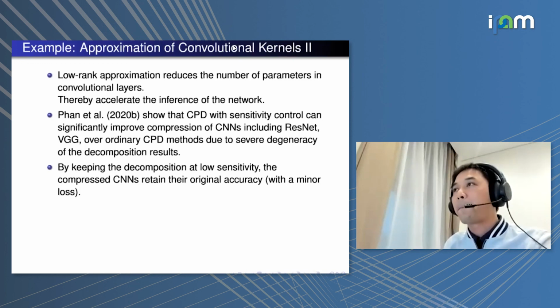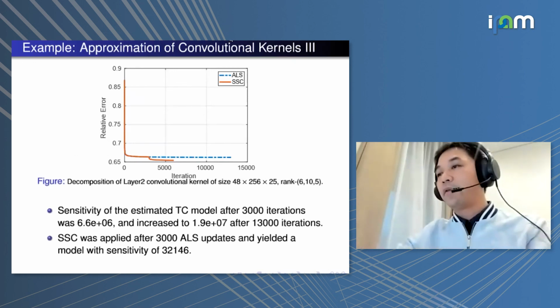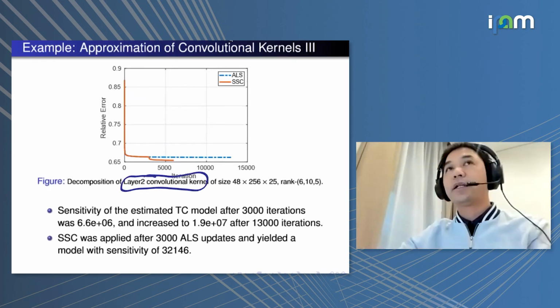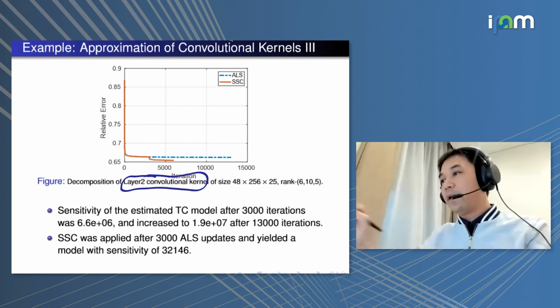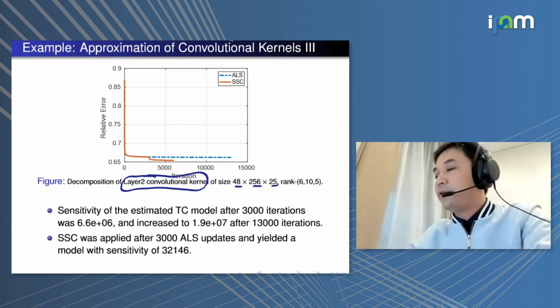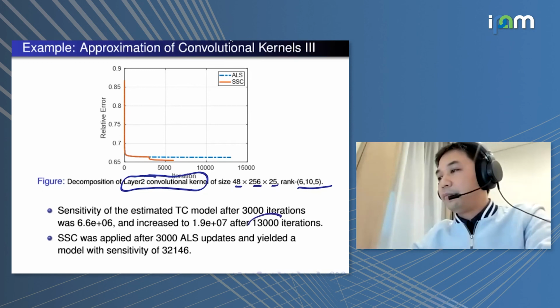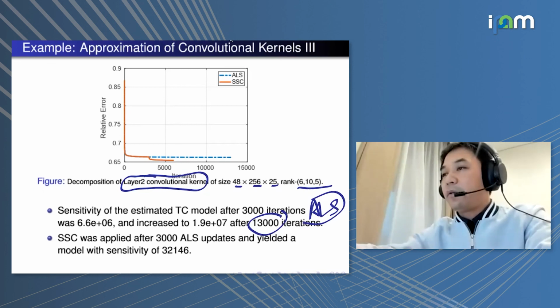So what we do here, for example, is decompose the convolutional kernel in layer 2. It has the size 40, 250, and the last dimension is 25. We decompose with this rank. We run the decomposition for 13 iterations using the ALS, and you look at the algorithm, you see that it almost converges.